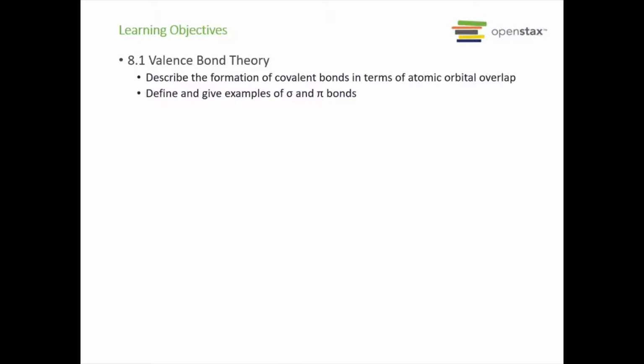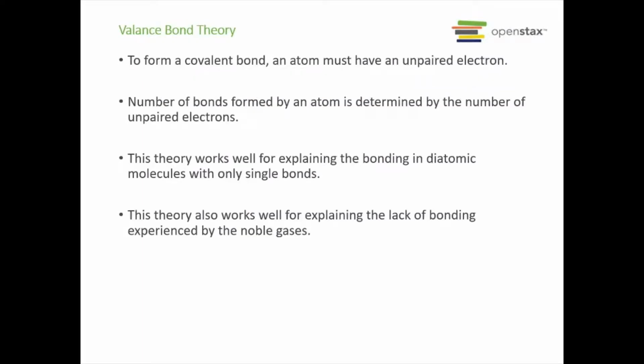So we're first going to talk about valence bond theory. In this, we're going to describe the formation of covalent bonds in terms of atomic orbital overlap, and define and give examples of sigma and pi bonds. There are some general parts to valence bond theory, and some of this you already know. To form a covalent bond, an atom has to have an unpaired electron, so it can share electrons with another.